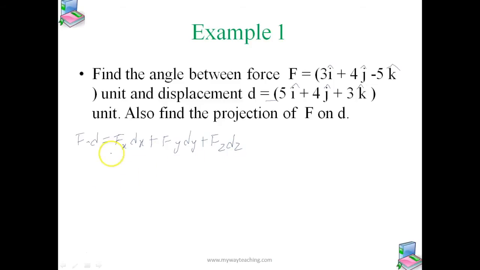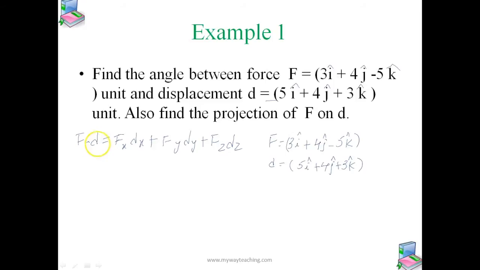F is given as 3 i cap plus 4 j cap minus 5 k cap, isn't it? And D is given as 5 i cap plus 4 j cap plus 3 k cap.